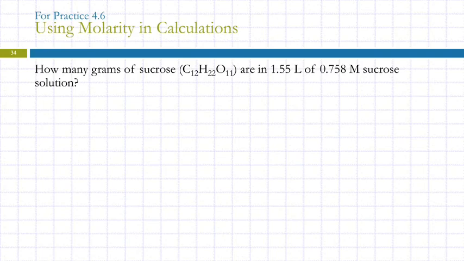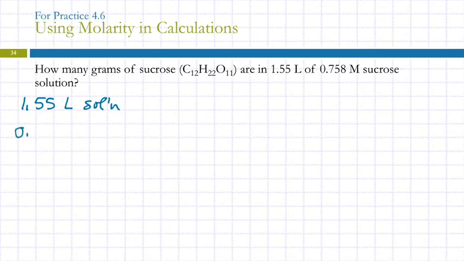How many grams of sucrose are in 1.55 liters of 0.758 molar sucrose solution? We can approach this as a dimensional analysis problem. So let's write down our units, our numbers. So we've got 1.55 liters of the solution.